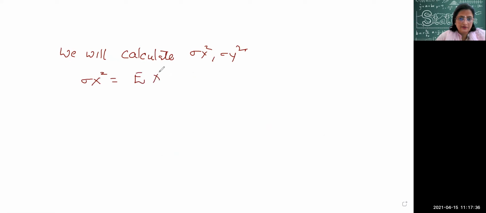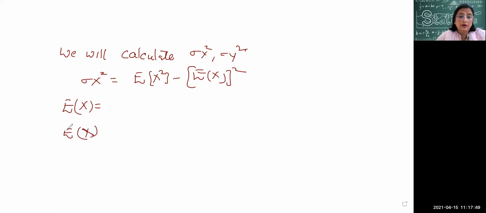This is expectation of x square minus expectation of x its whole square. It means you have to find one, expectation of x, and another, expectation of x square.